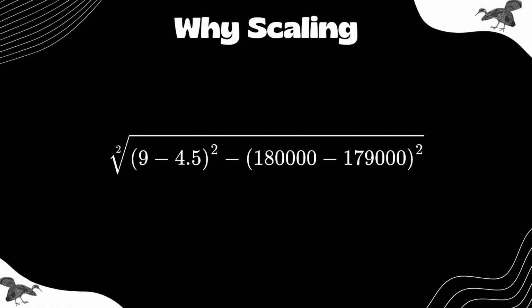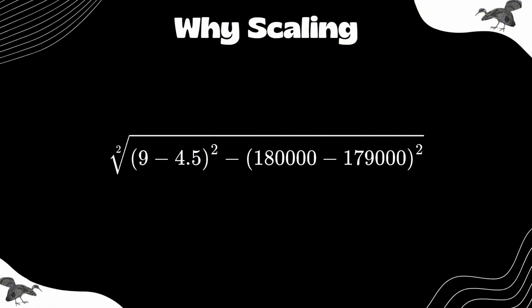This is despite the fact that ideally, the second feature should have a smaller influence, given it's way closer compared to its values. 179k out of 180k are almost similar. I hope this example makes the problem clearer and helps us understand why scaling is needed before feeding the data into the model.